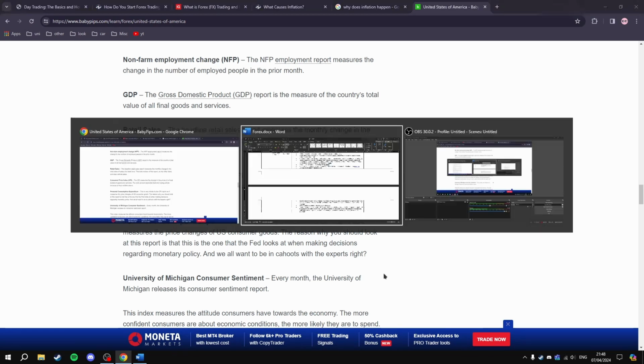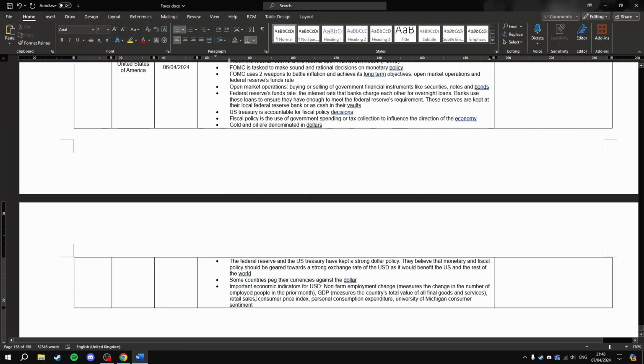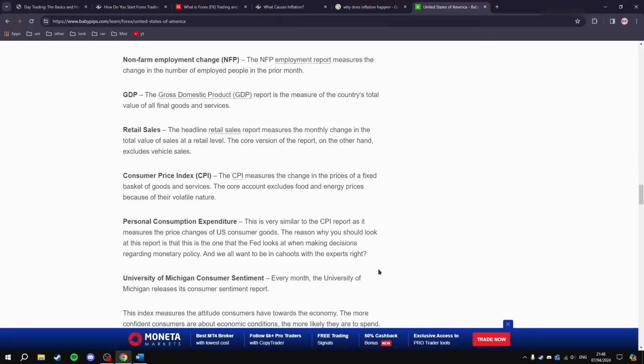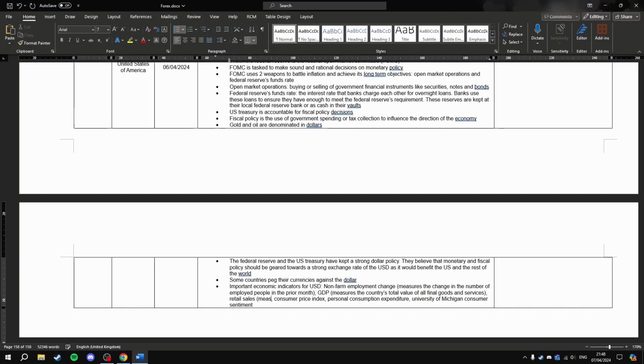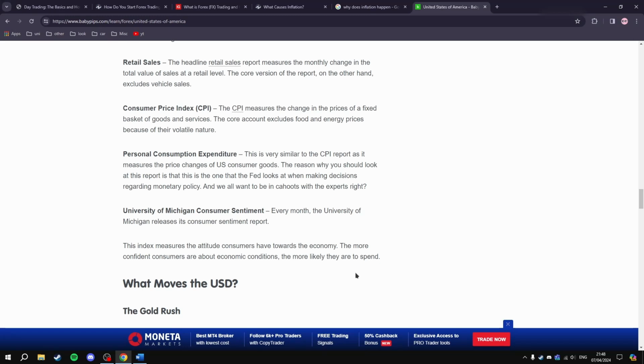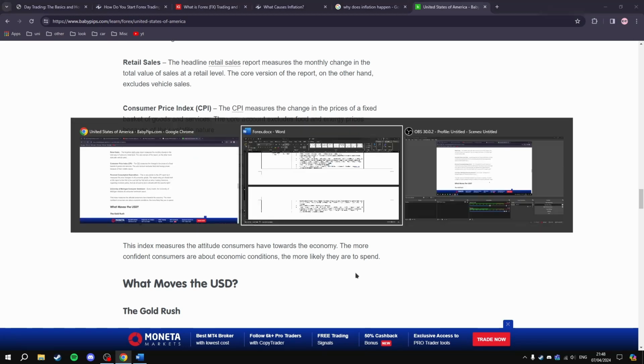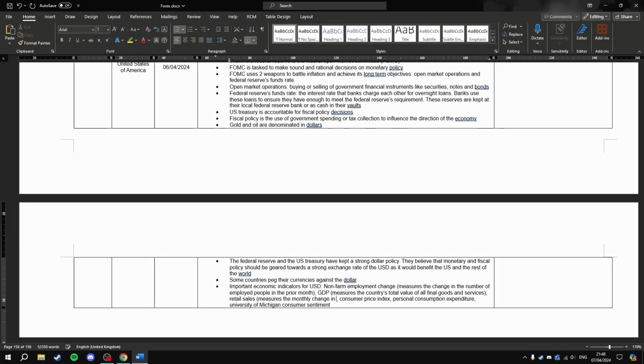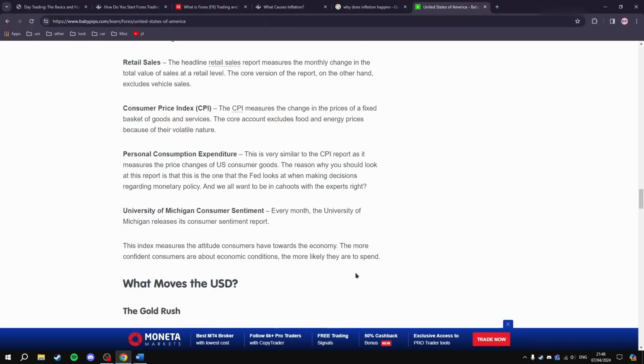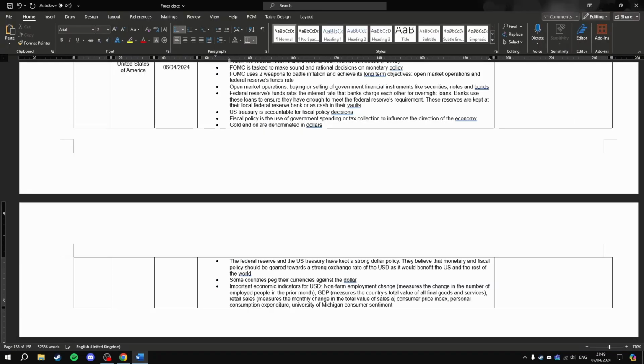Retail sales. The headline retail sales report measures the monthly change in the total value of sales at a retail level.